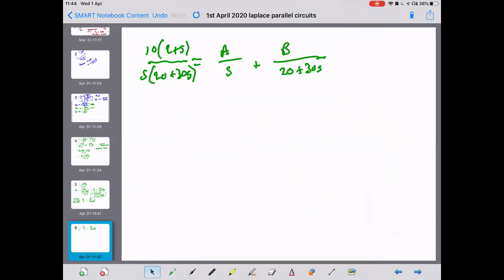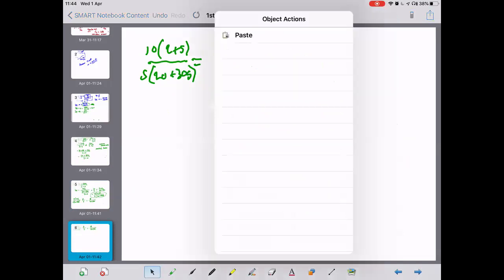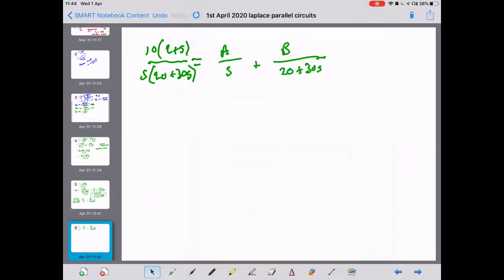So can you remember what we need to do? First of all, we've got to get the common denominator back, haven't we?